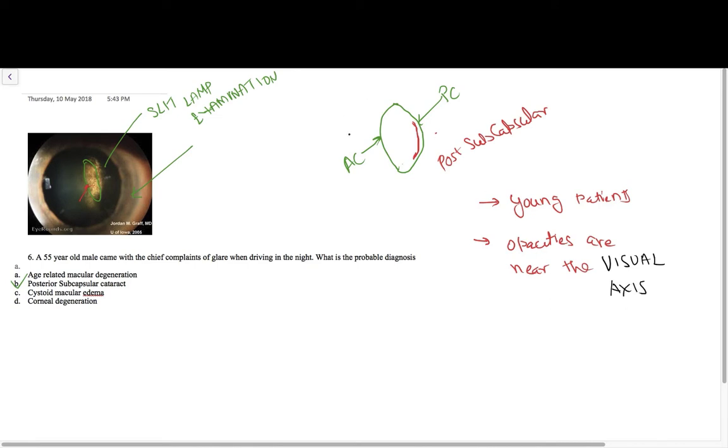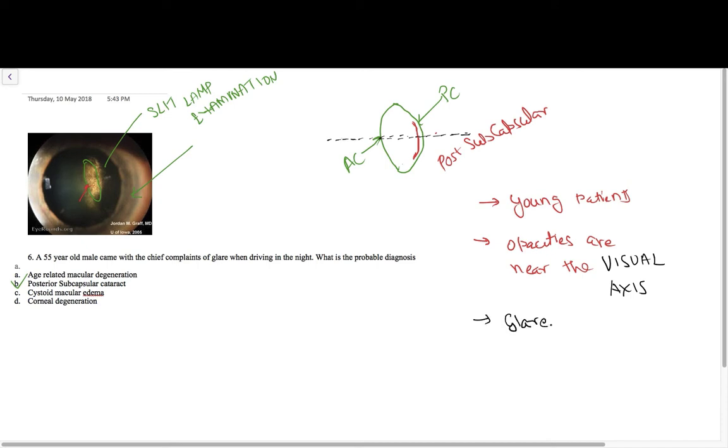So if I draw a visual axis, when we told you about the angle kappa and angle beta and angle gamma, so there was a visual axis now. So all the opacities are near the visual axis. So the disturbance of the vision is more. So the patient comes with the chief complaint of glare.